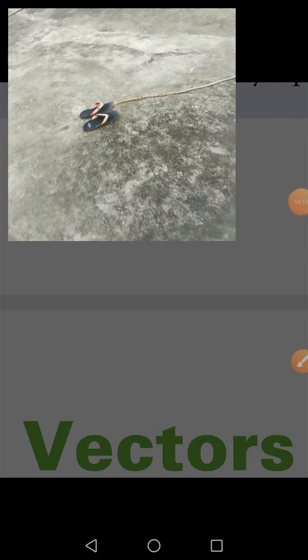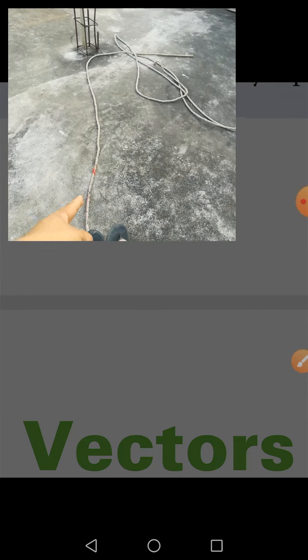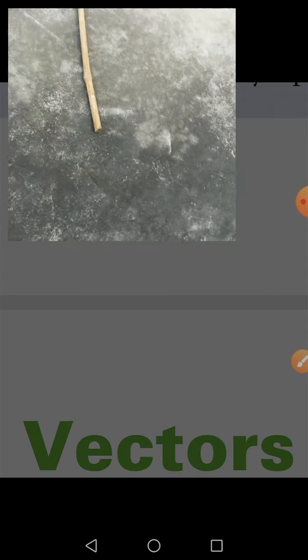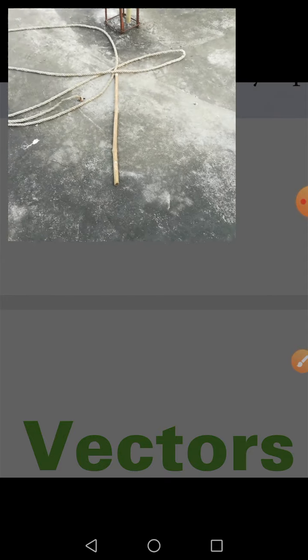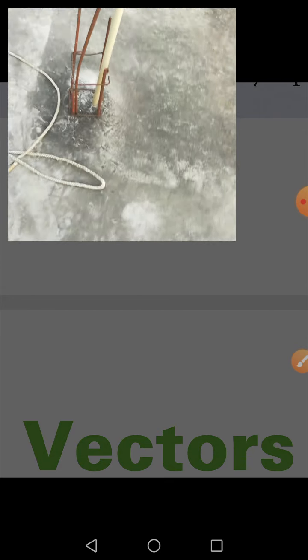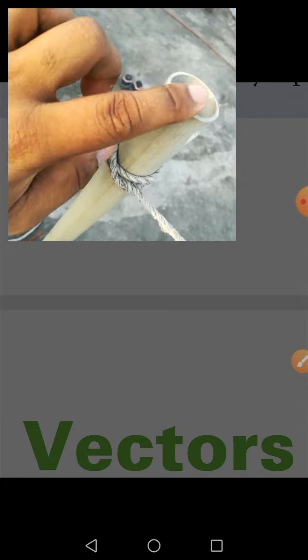Let me start over again from here. Along this rope, the direction is the y-axis, for example, and along this stick over here, the direction is the x-axis, and vertically down from the top of this pipe is the z-axis.